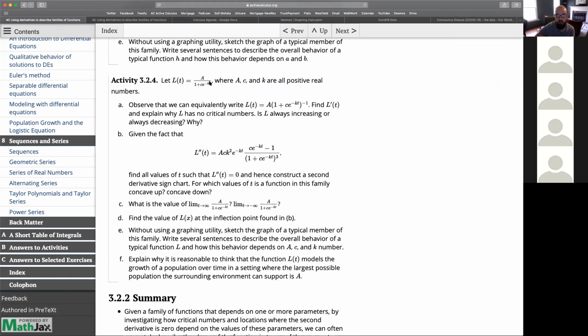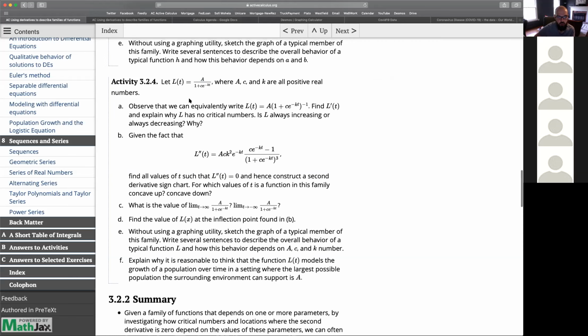And e is just a number, 2.7182, a fixed number that we do know. We're going to look at this family of functions and work through these questions to see if we can figure out what this function does.